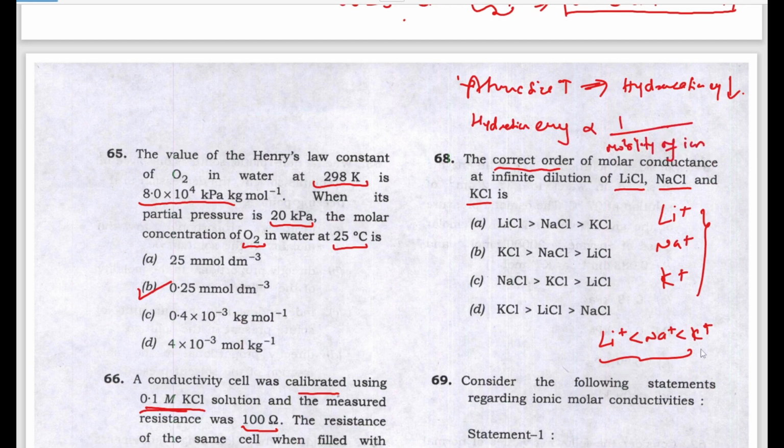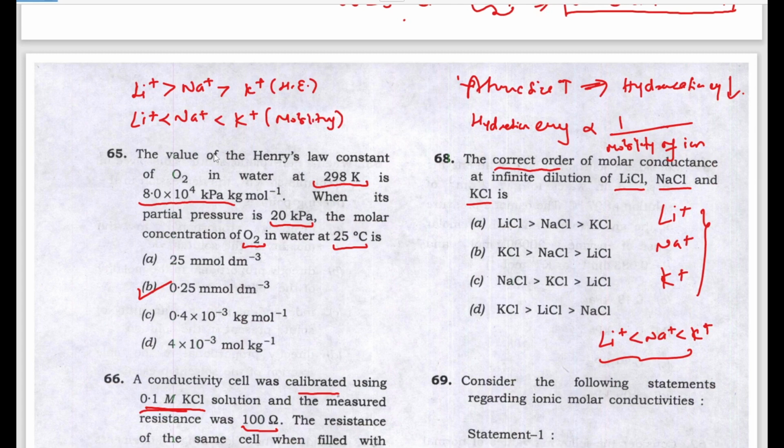So maximum hydration energy will be in the case of lithium positive, then sodium, then potassium. Mobility and hydration energy are inversely proportional to each other, and so lithium will show lesser mobility as compared to sodium and potassium. This is the mobility order.